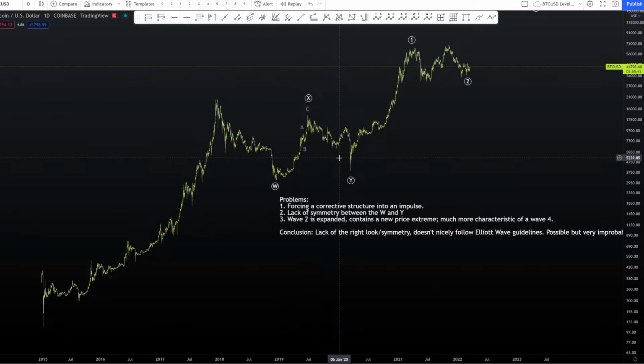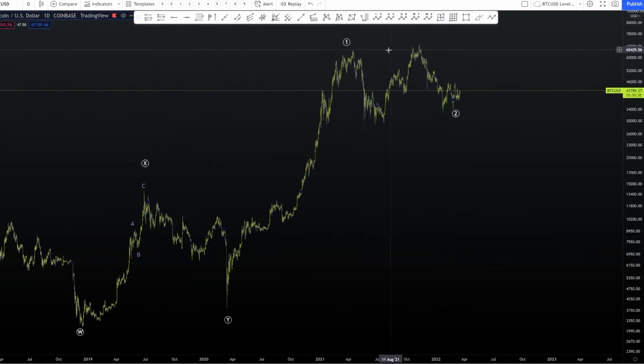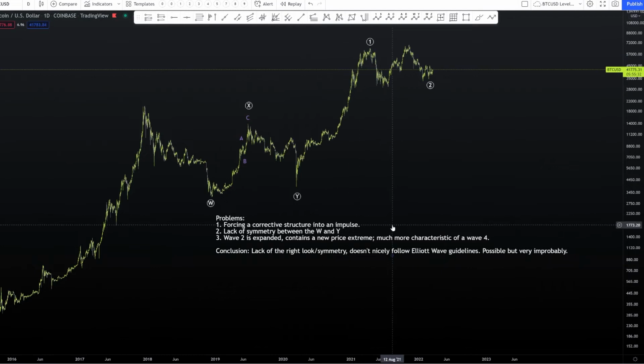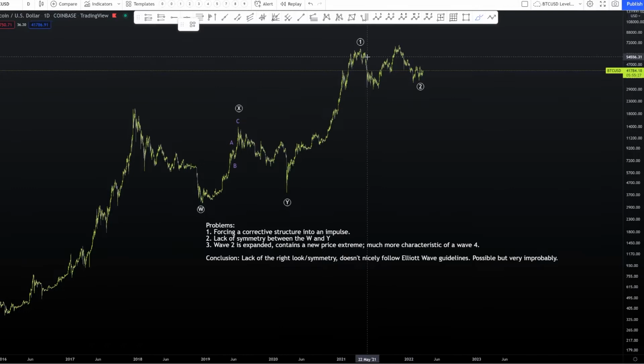And the third problem is that the wave 2 up here is expanded, which means it creates a new price extreme where it comes beyond the end of the wave A, rather than this wave 1. That is much more characteristic of a wave 4 than a wave 2. Typically wave 2s, not always, this is a possibility, if it were to do something like this.